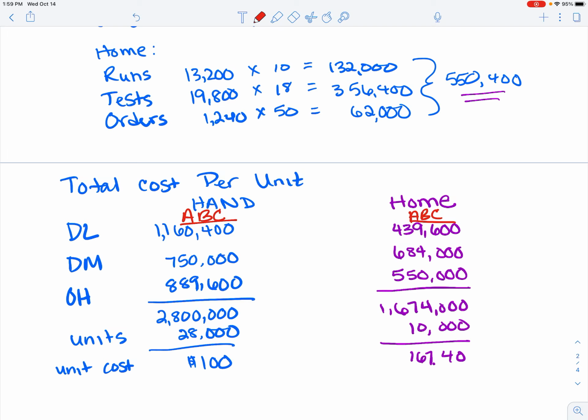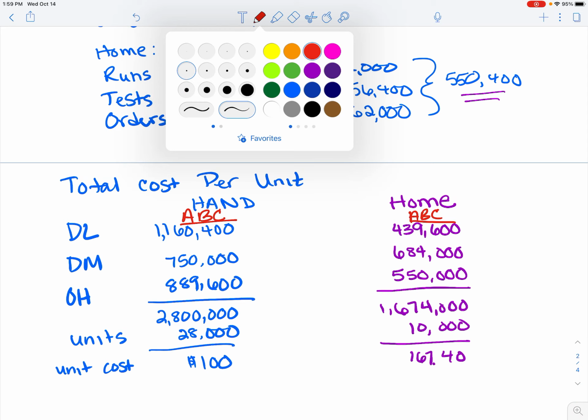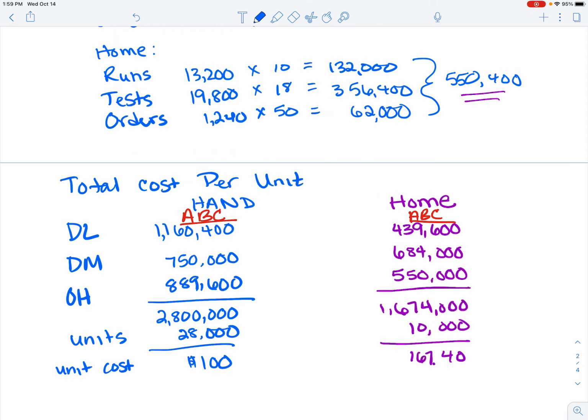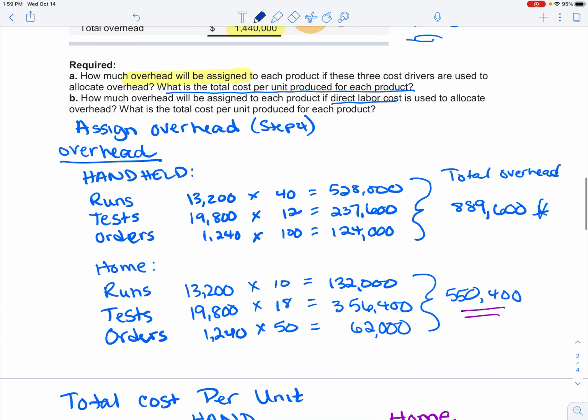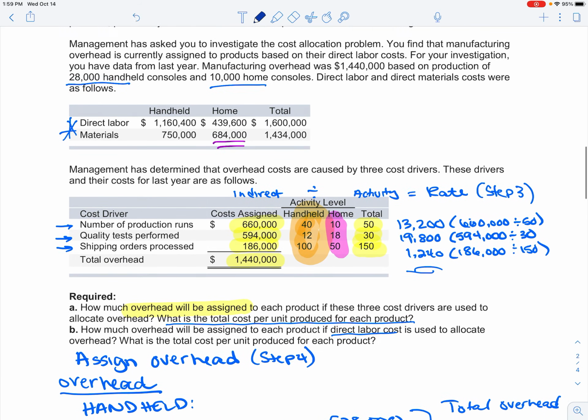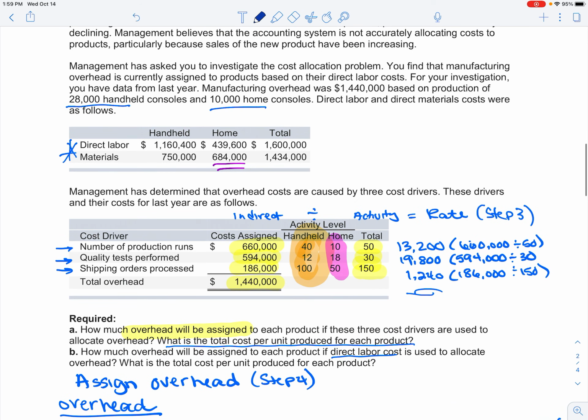Now what they want us to do is go back and look at, well, what if we only use that traditional costing? And what if this was based on our direct labor hours? Remember, traditional costing uses just one activity and allocates overhead based on that.